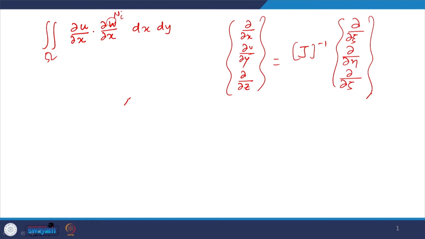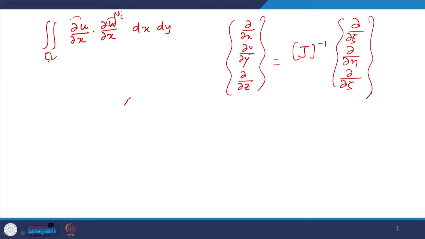So, this derivative can be represented as appropriate terms of this Jacobian inverse multiplied by these local derivatives. So, del u by del x can be represented as a linear combination of these derivatives with respect to local coordinates, and those terms can be replaced here.